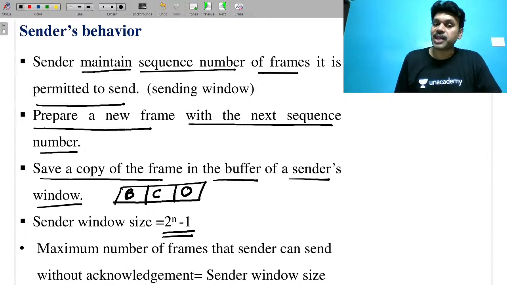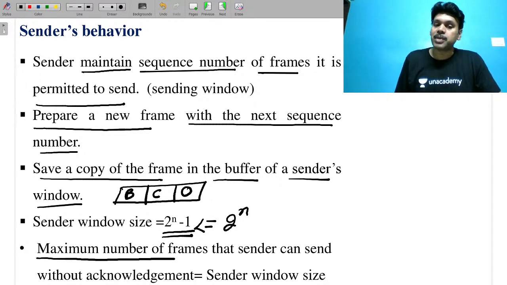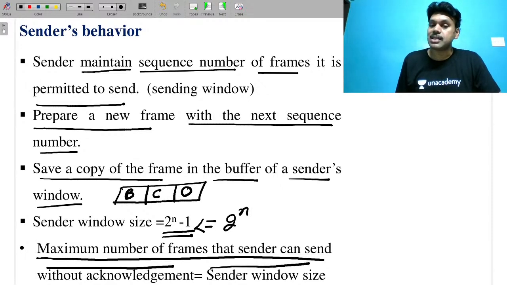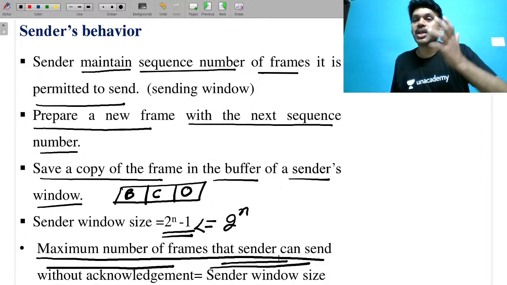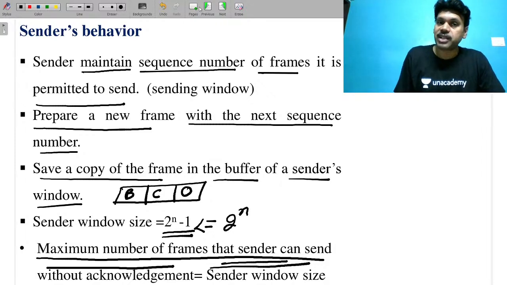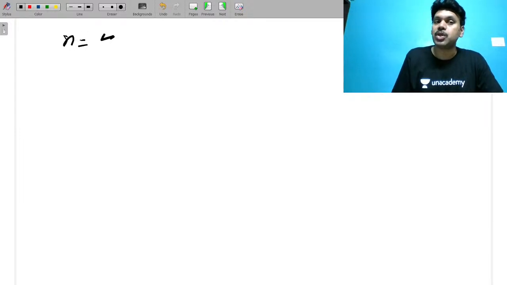Why have we set the window size from 2 power n to 2 power n minus 1? I will tell you to remove the ambiguity in the upcoming slides. The maximum number of frames the sender can send without acknowledgement is nothing but the sender window size. For example, earlier I took n as 2, now I am taking n equal to 4.